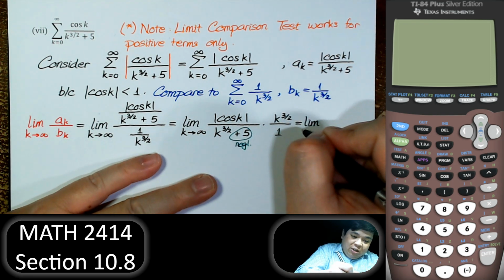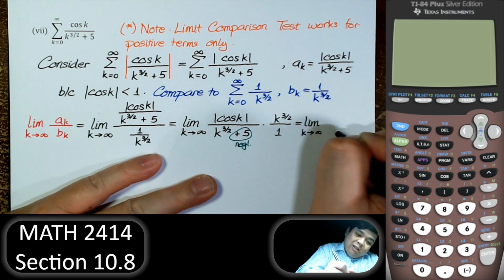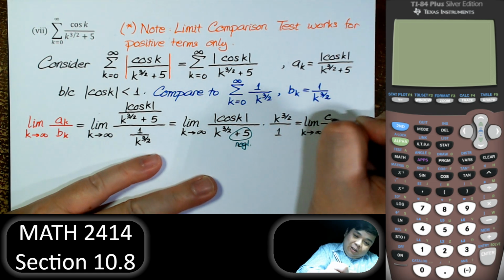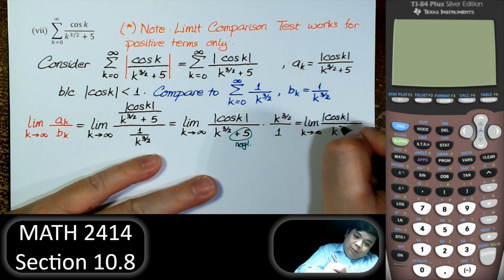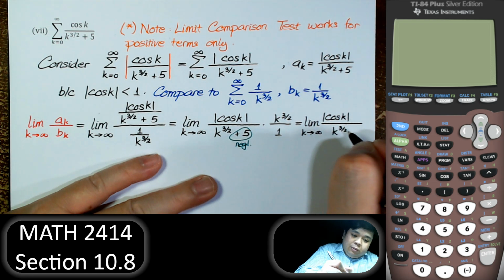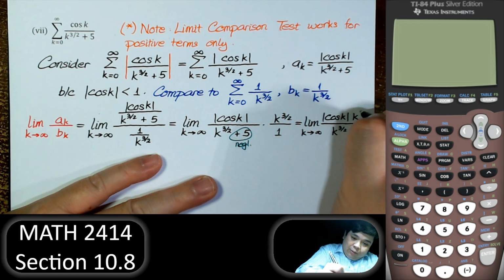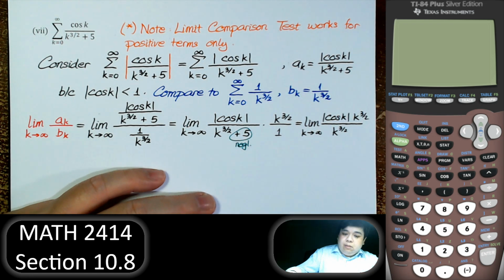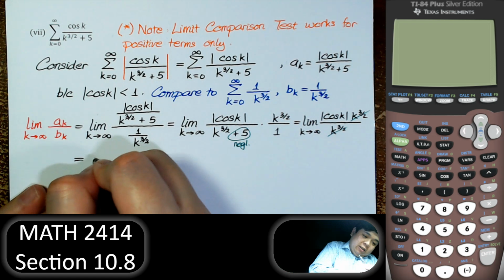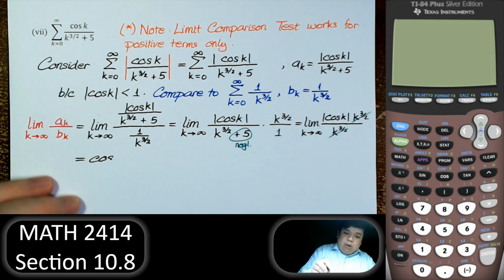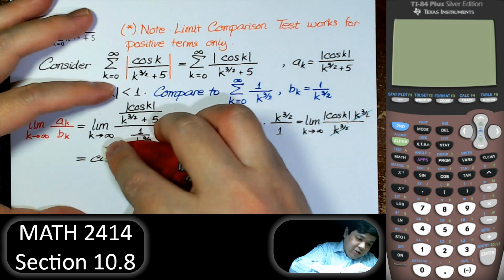K to the 3 half is a lot bigger than that. Cancel out, we just have cosine of k. Ouch. Still the limit though.